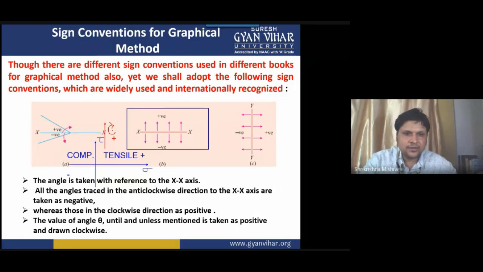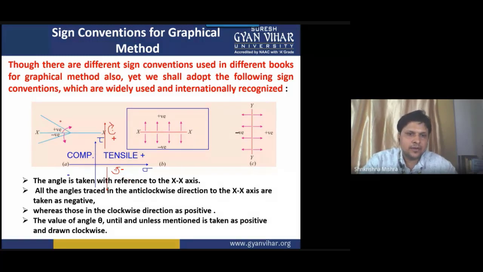And those shear stresses which are anti-clockwise, in this way, by sign convention we take as negative, and they are drawn below the baseline, below the x-axis. So these are the sign conventions you should keep in mind.